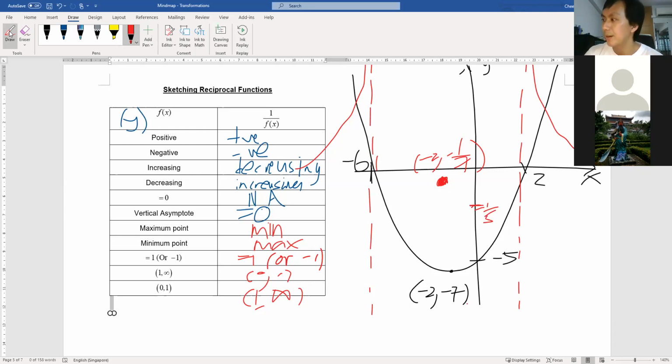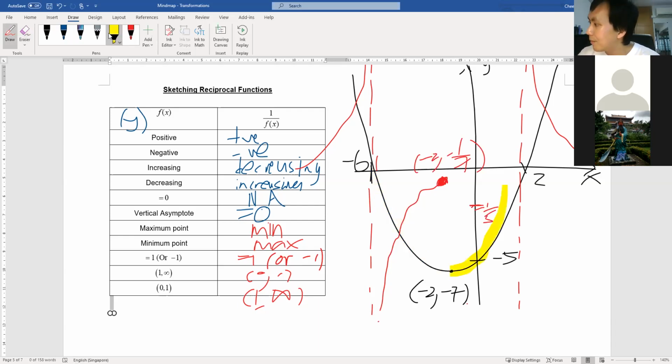Okay, so now if you focus on the center portion, it's a U-shaped graph. It's not monotonically increasing or decreasing. So if you take two pieces, this bit here is negative and decreasing, so the reciprocal should be negative and increasing. So negative and increasing will be like this. Then you focus on the right arm.